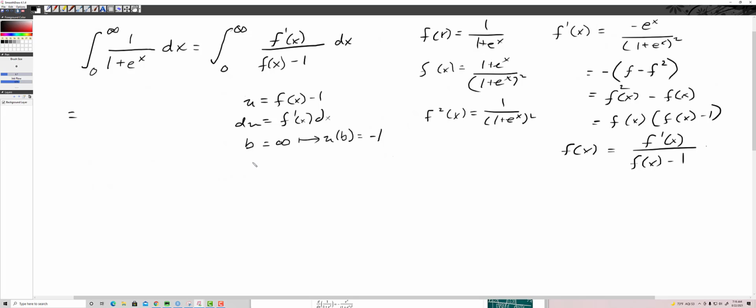Minus 1 is minus 1. So a is going to be 0. u of a is going to go to 1 over 1 plus e to the x. That's 1 over 1 plus 1, so that's 1 half. Minus 1 is minus 1 half.